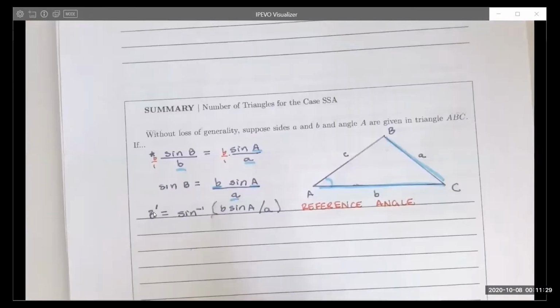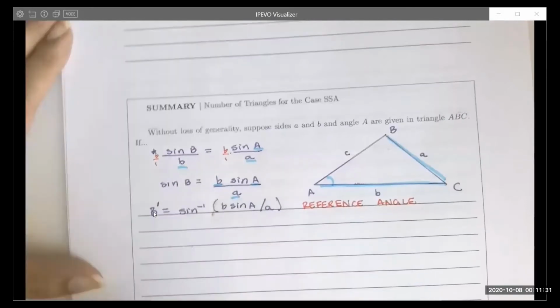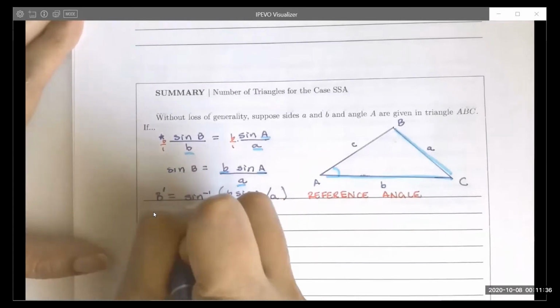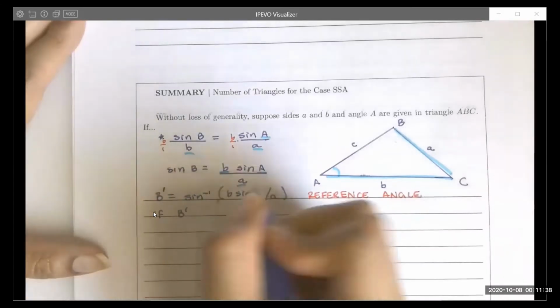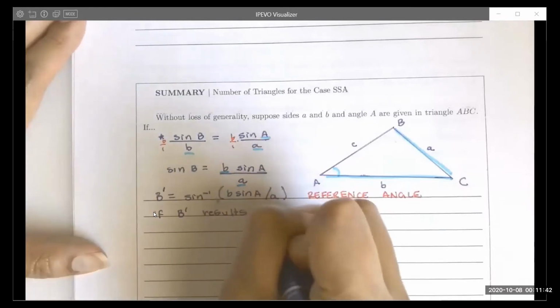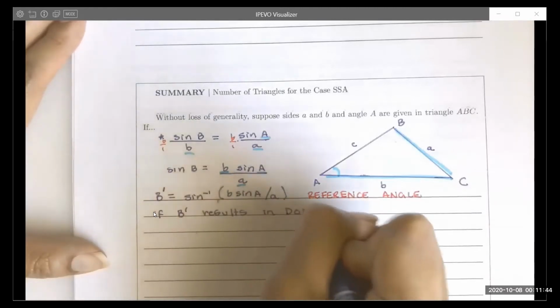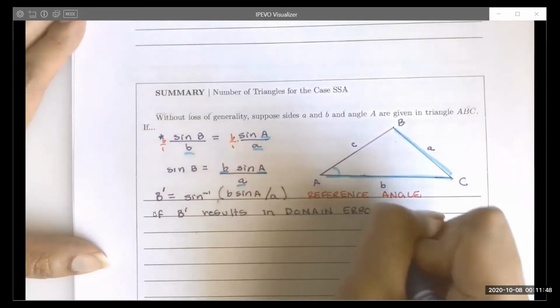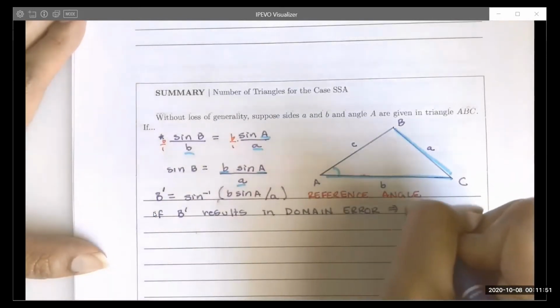So in our summary, what we're going to write: if punching this into the calculator returns an error, so if B prime results in a domain error, that means that there is no solution.